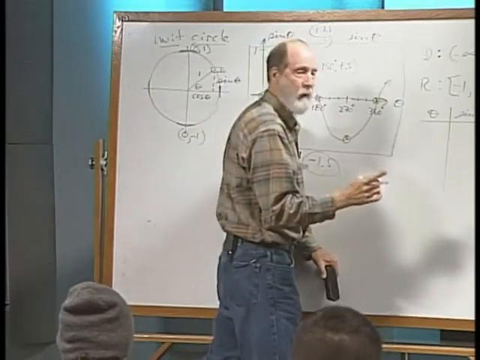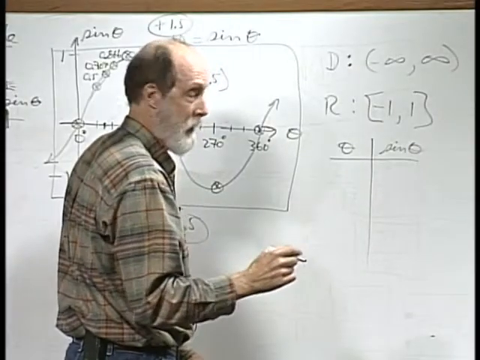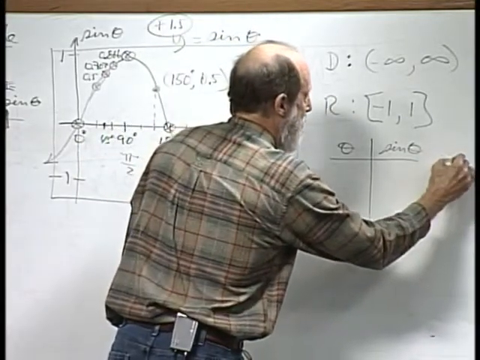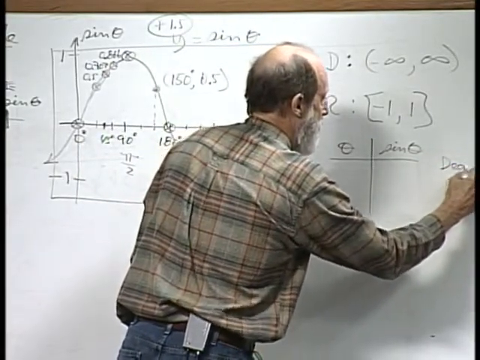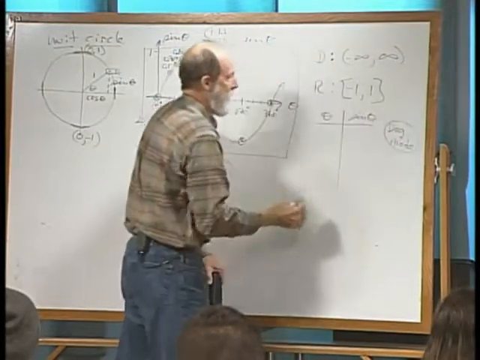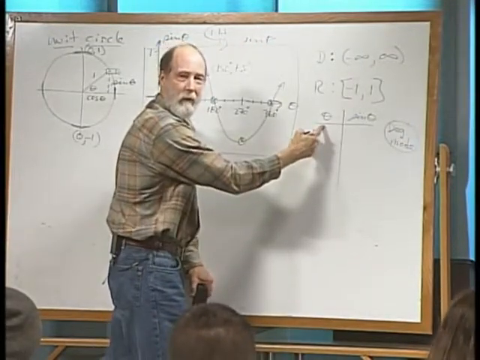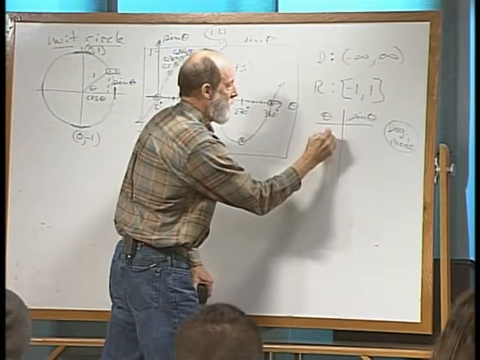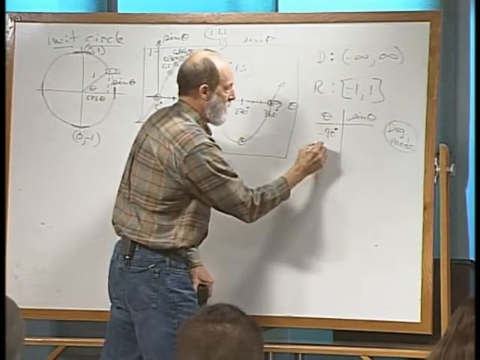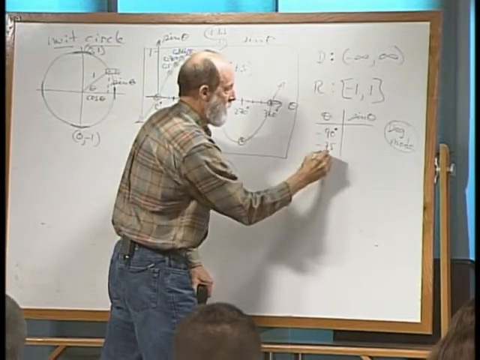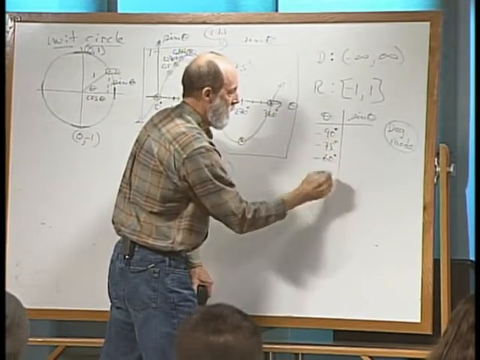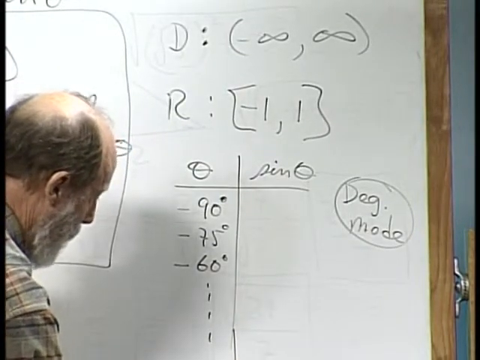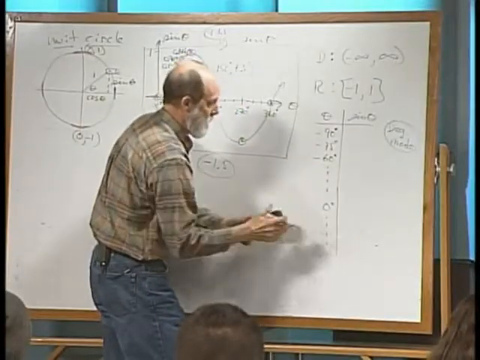I'm going to put the calculator in degree mode, and I'm going to put 15-degree increments here, starting at, say, minus 90 degrees, and then it would be minus 75 degrees, minus 60 degrees, working its way through 0 degrees, and then continuing on in increments of 15 degrees.